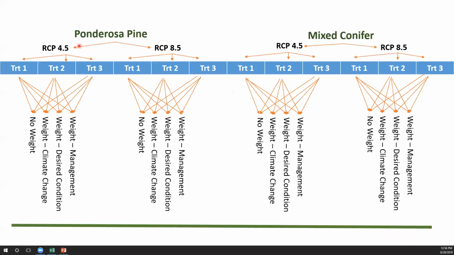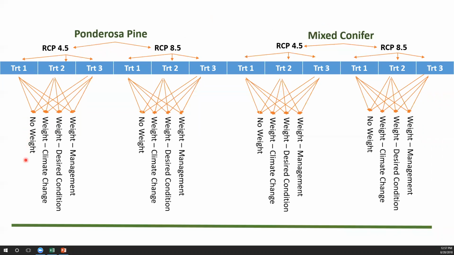And so what you're seeing here is a schematic of the iterations that we're doing for this exercise. So here's ponderosa pine, and Stephanie made this nice slide, so I don't want to take credit for everybody else's slides here. We have ponderosa pine and mixed conifer, 2 climate scenarios, and then for each of those climate scenarios, we have 3 types of treatments.